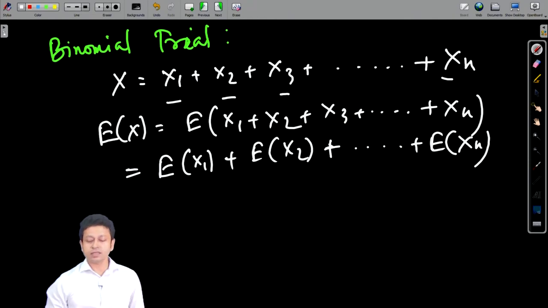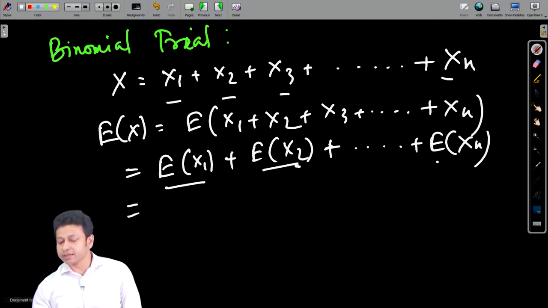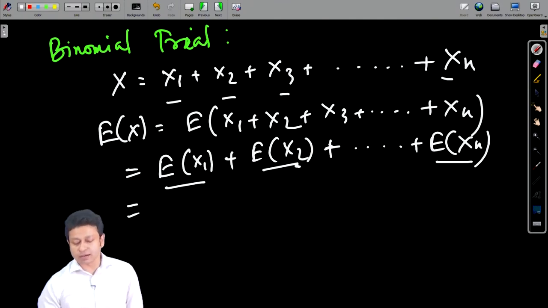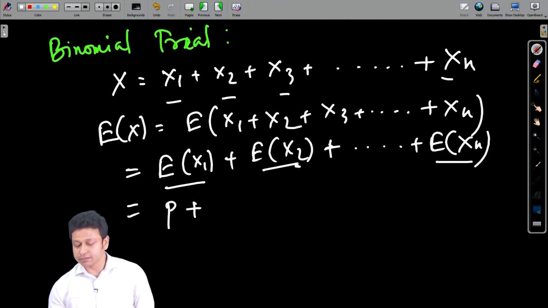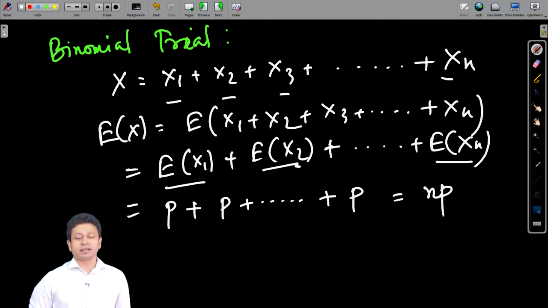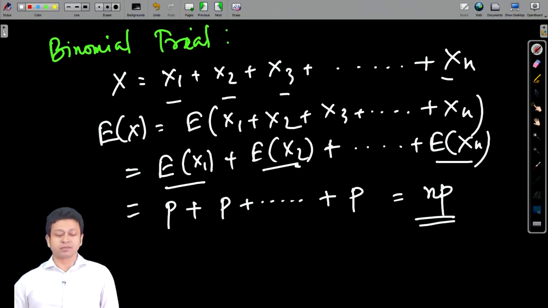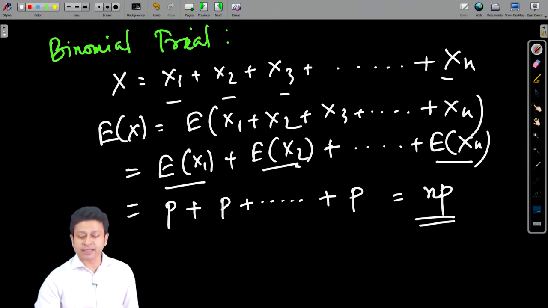Since these are all independent individual Bernoulli trials, they are all going to have a value of p. So for n trials it is going to be np. That is how I get the expectation in a binomial distribution. What about the variance?